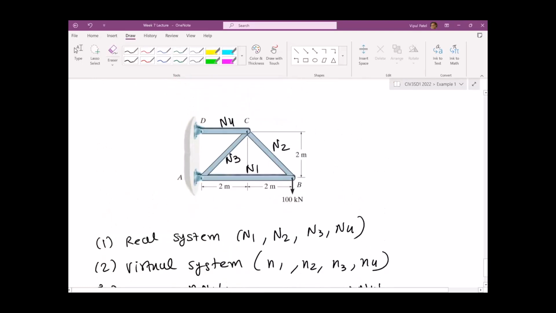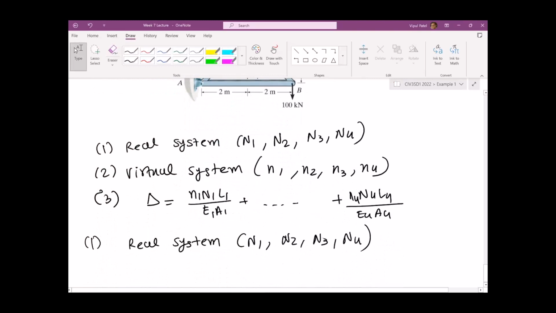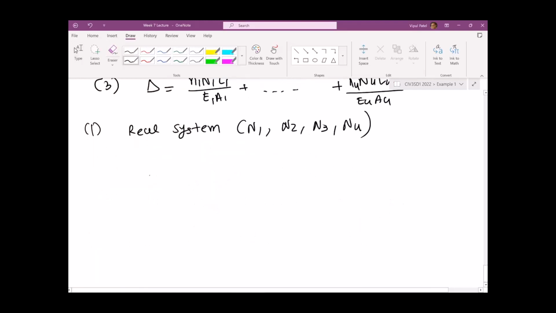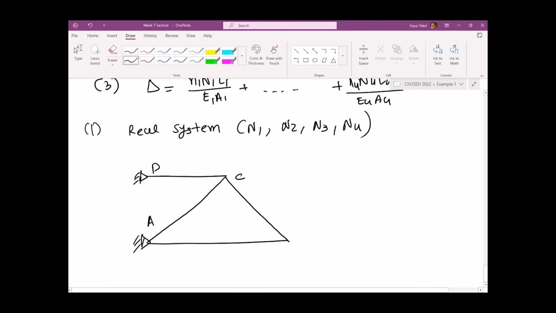In the real system, we have a pin and rollers. Let's say this is point D, this is point A, this is point C, this is point B, and the load is applied at point B, 100 kilonewtons.